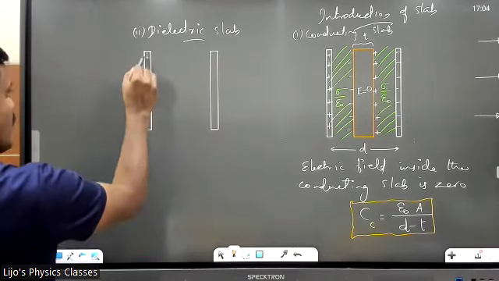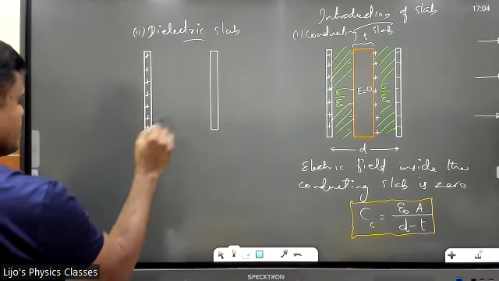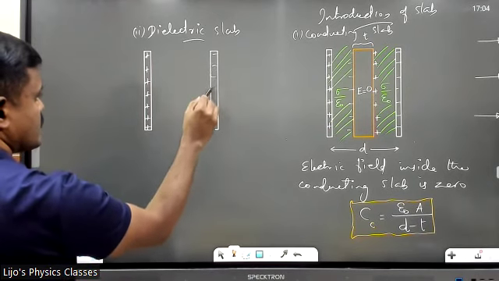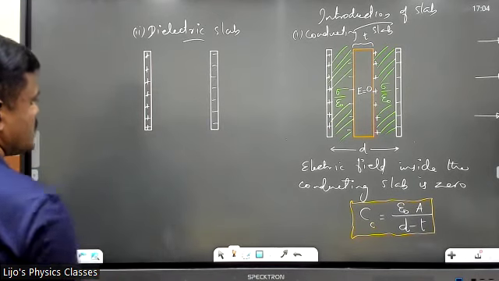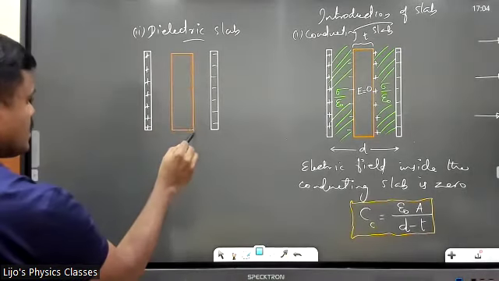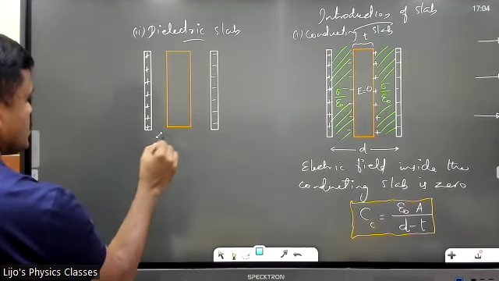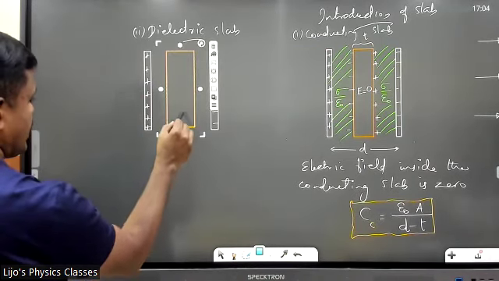First plate is full of positive, second plate is full of negative. You are going to introduce a dielectric slab this time.